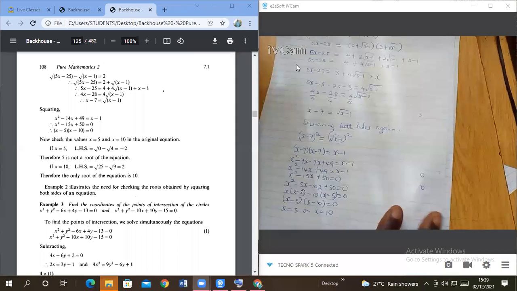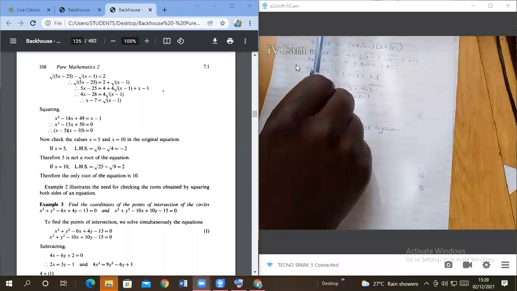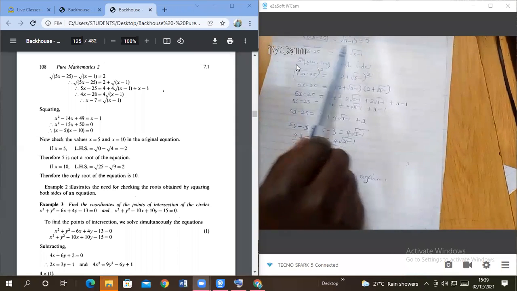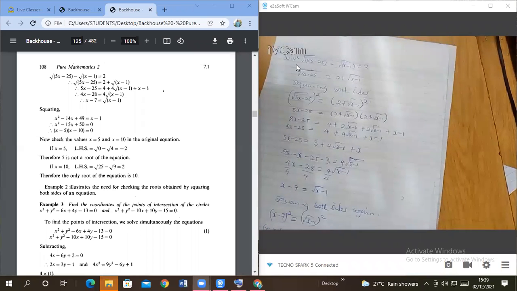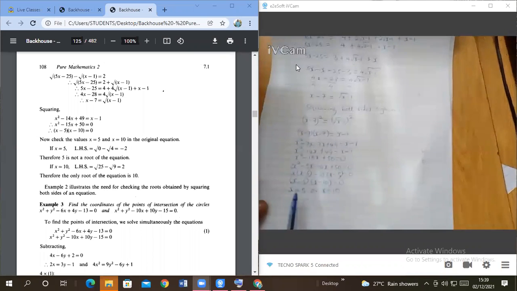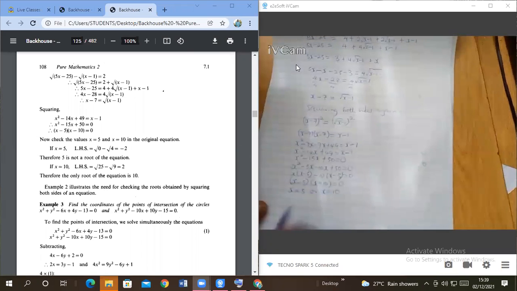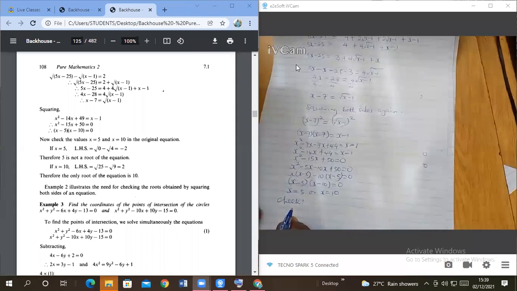Now, in this kind of equations involving square root symbols, you need to know that one of the answers is not correct. So you need to check. We have root of 5x minus 25 minus root of x minus 1 is equal to 2.